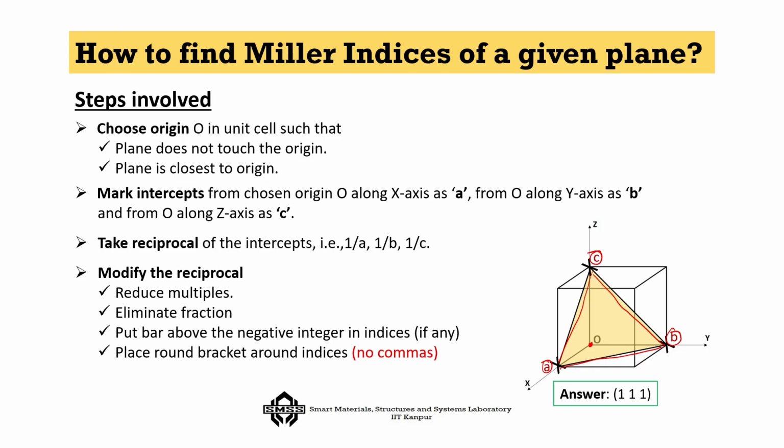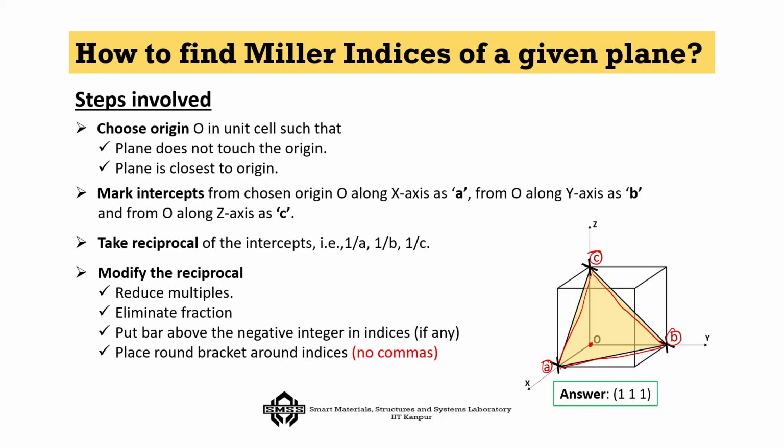Take reciprocal of them, that is 1 over A, 1 over B, 1 over C. What it would mean is that you are essentially fitting it inside a unit cell. So, everything you are basically finding out is with respect to normalization with respect to 1. So, if A equals 1, B equals 1, C equals 1, it will automatically become 1 1 1.